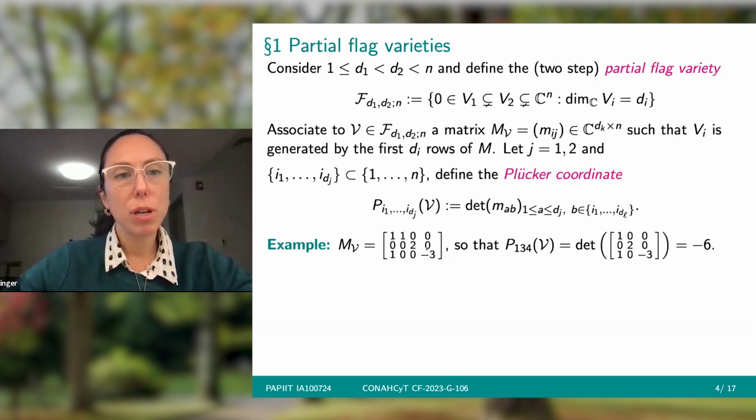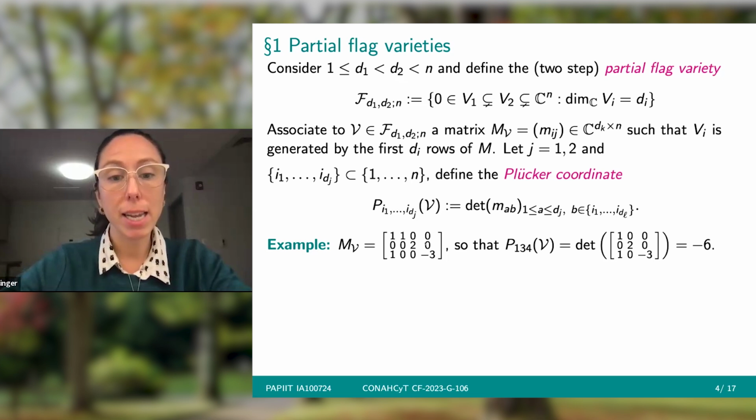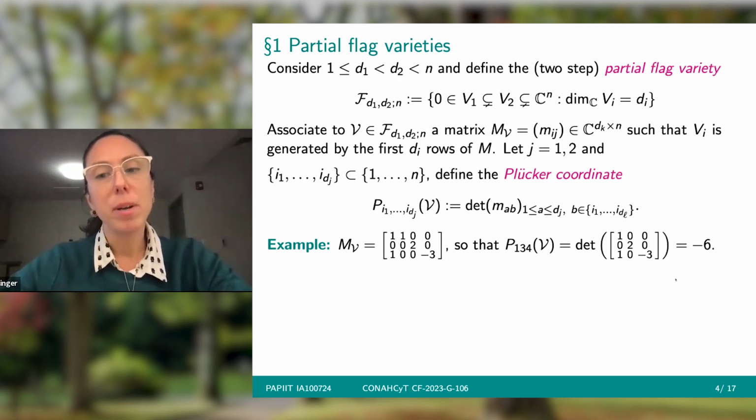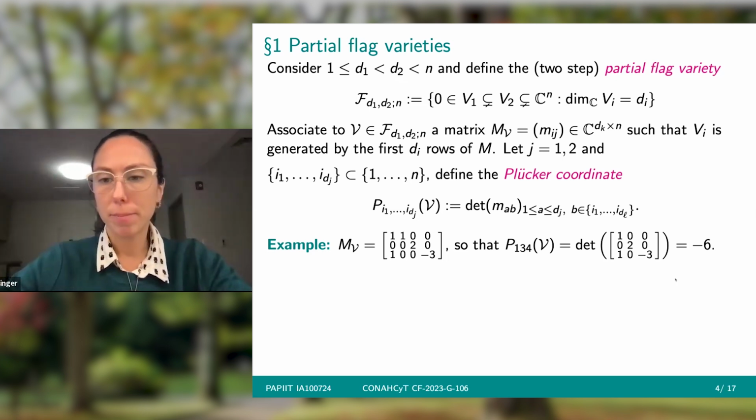The first 2 rows span a 2-dimensional vector space. The whole matrix is of full rank, spanning a 3-dimensional vector space in C^4. And well, the Plucker coordinate 1, 3, 4 would pick out the first, the third, and the fourth column and compute the determinant of the matrix.